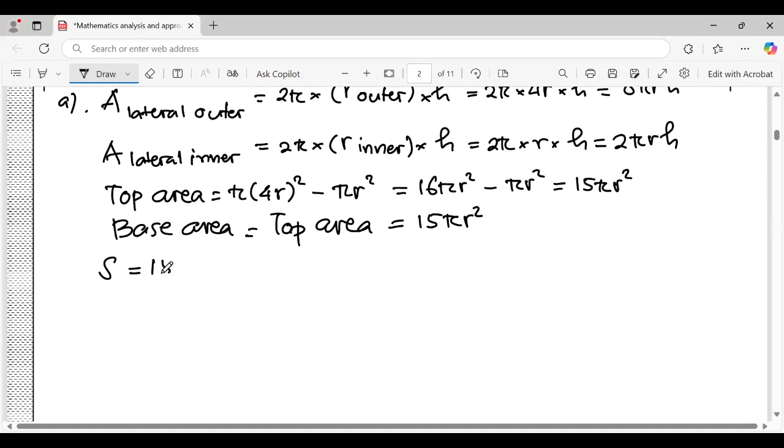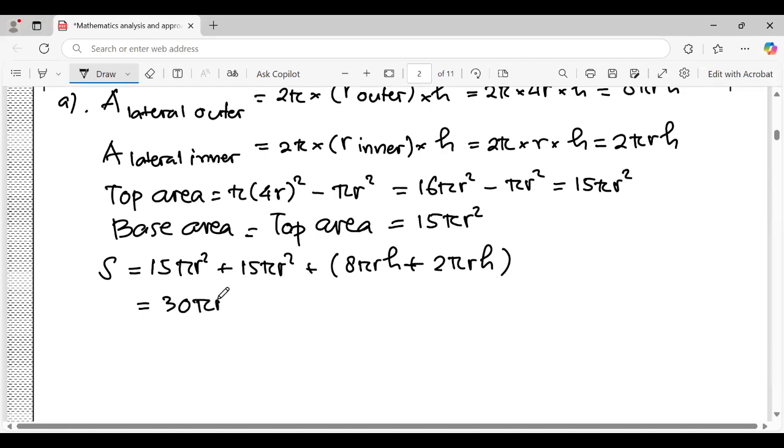So it equals 15 pi r squared plus 15 pi r squared plus 8 pi r h plus 2 pi r h, equal 30 pi r squared plus 10 pi r h.